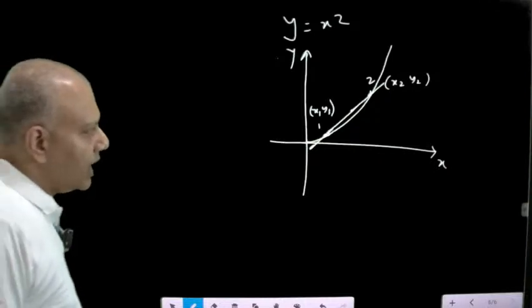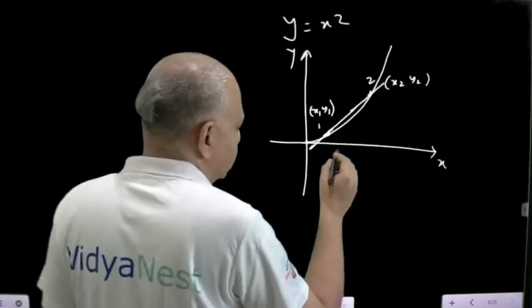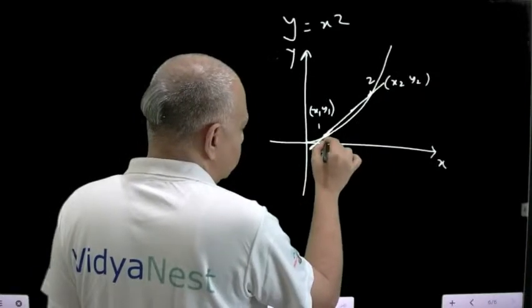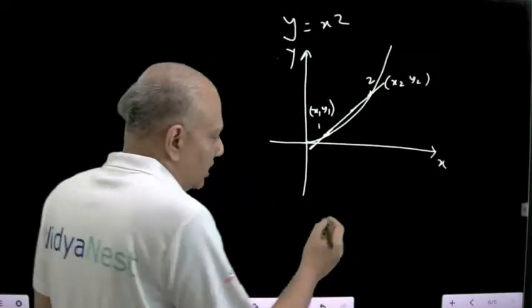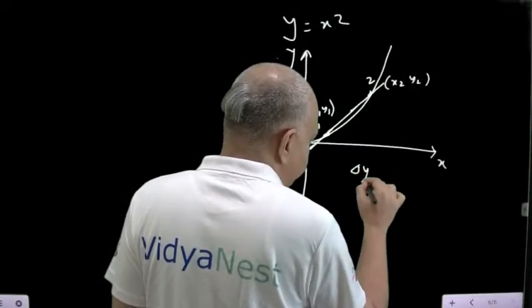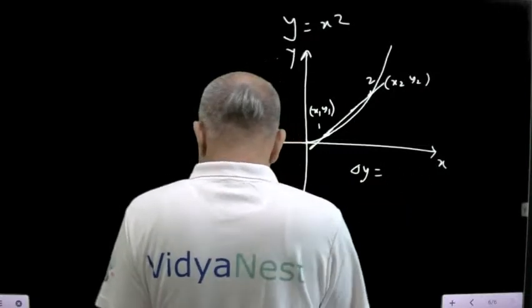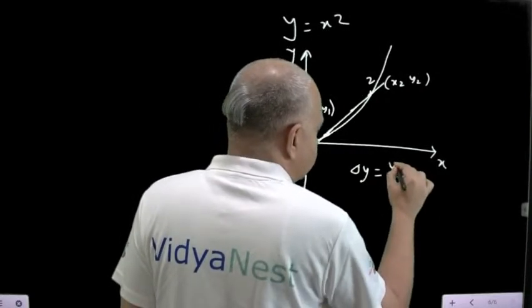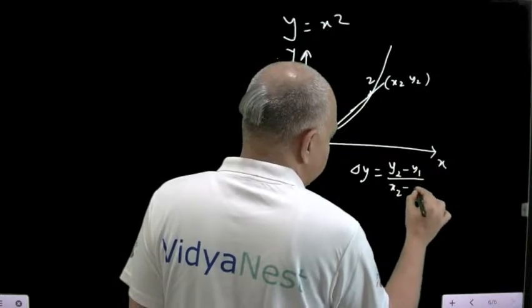Now here the same thing, I can get a slope: change of y, delta y, divided by change of x, that is, y2 minus y1 divided by x2 minus x1.